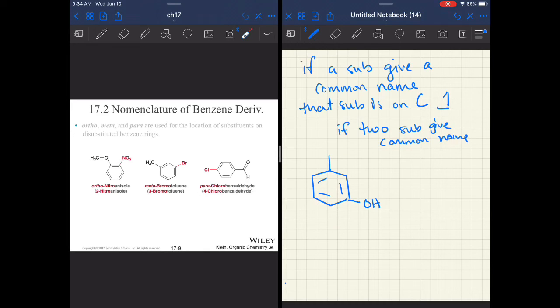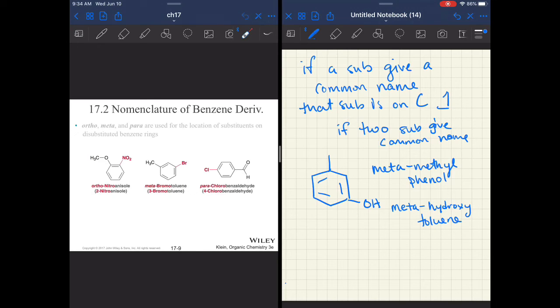It would be correct to call this meta-methylphenol, but it is not ambiguous to call it meta-hydroxytoluene. Both are acceptable.